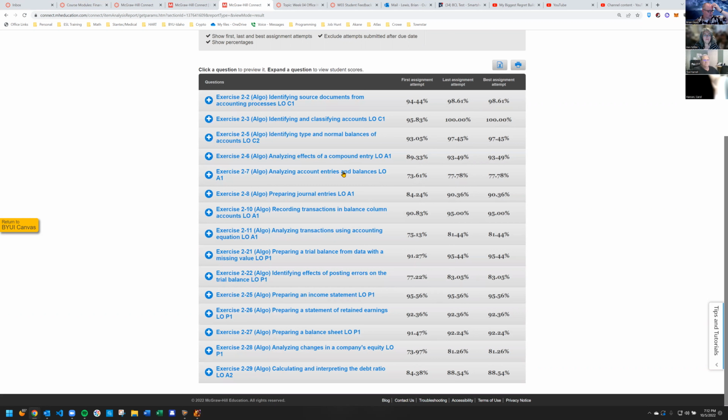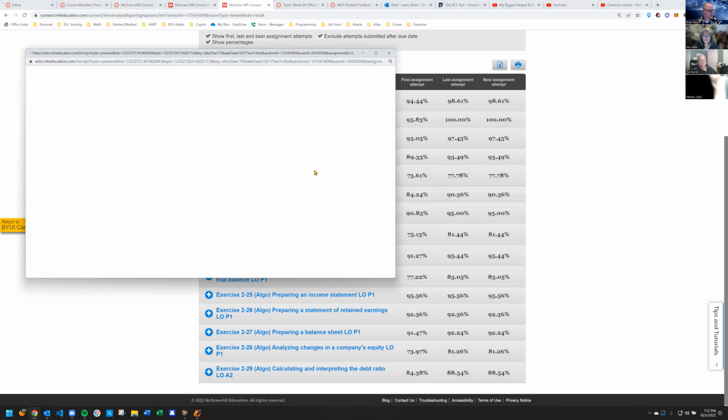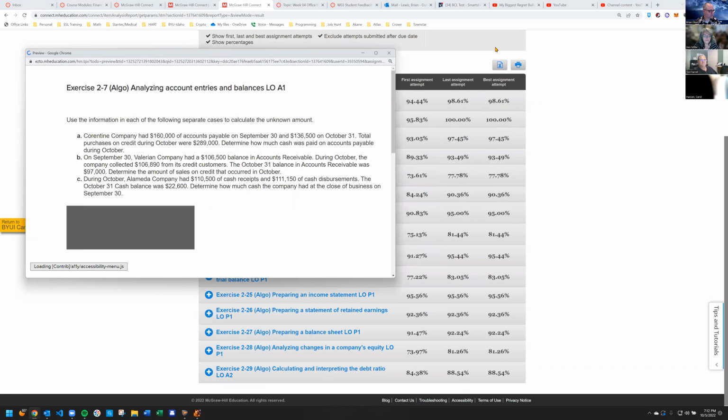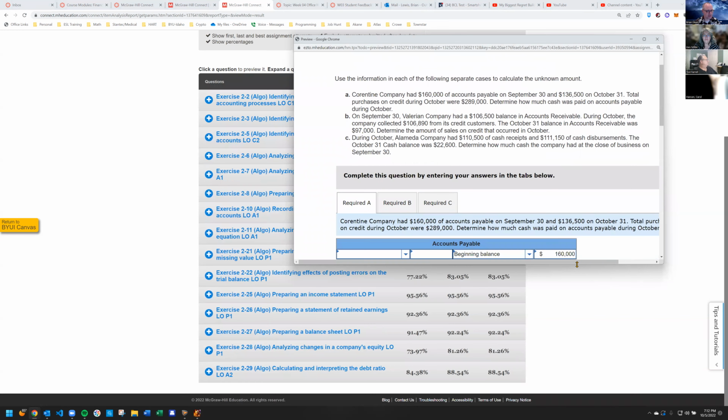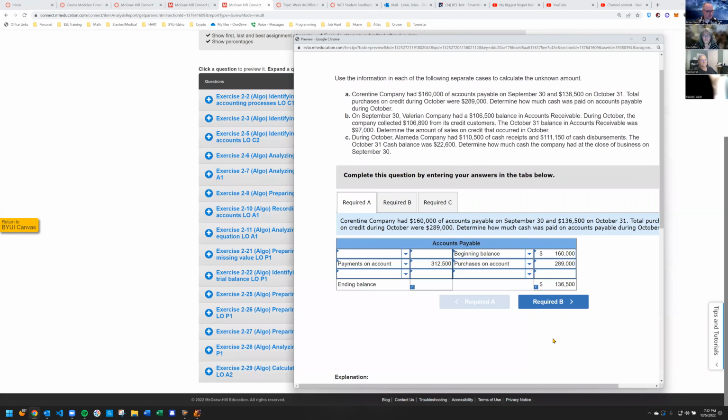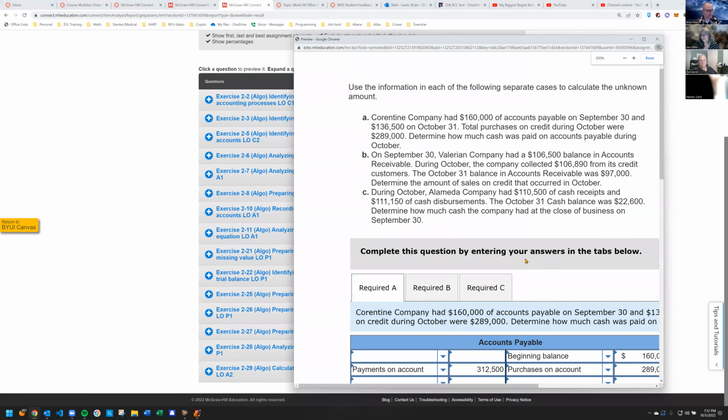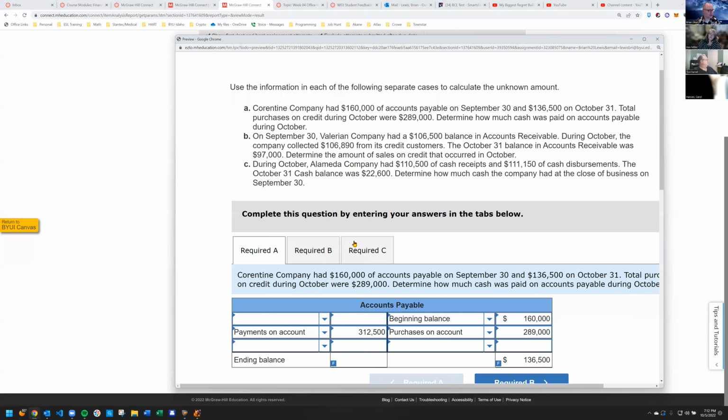Analyzing account entries. Let's see if we can pull that one up. It says, using the following information. Let me see if I can make this a little bit bigger so everybody can see it. There we go. Calculate the unknown amounts, right?